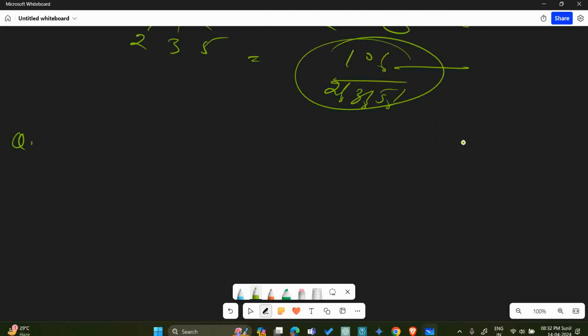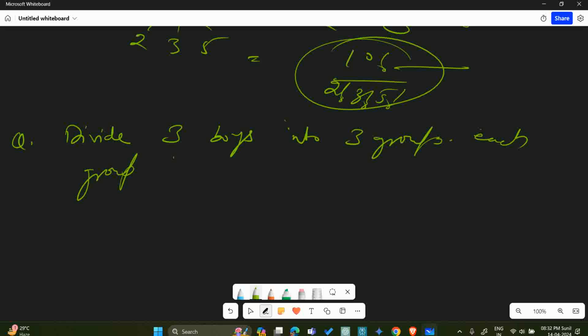Next question would be: divide 3 toys into 3 groups, each group having exactly one toy.